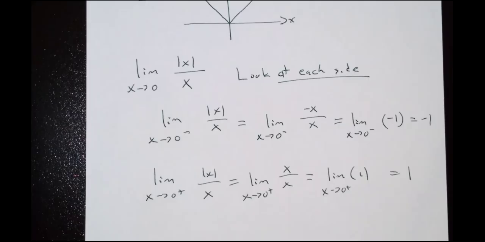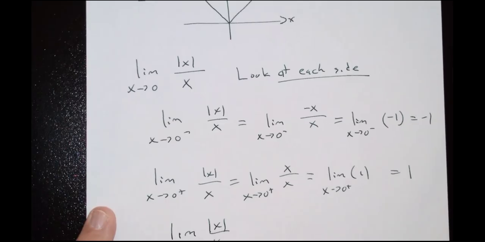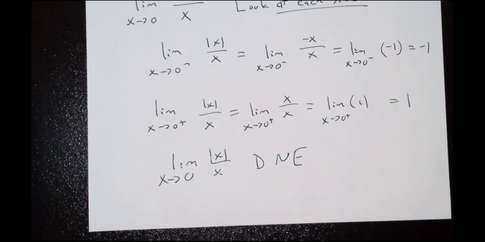So this limit up here does not exist. Because those don't match, that was enough. It is to my benefit to be able to look at functions compared to one another.